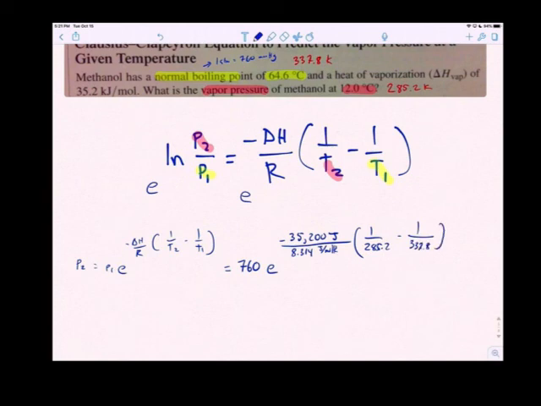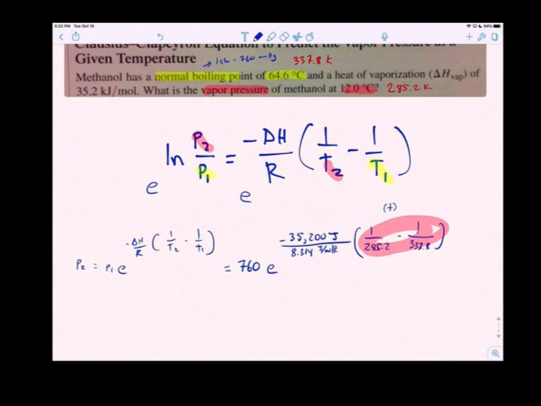Okay, so now also before I put this in the calculator, I like to ask myself, does this make sense? So I look at quantities, and this quantity right here, 1 over 285.2 minus 1 over 337.8, I know that this number is going to be positive. Why is that?